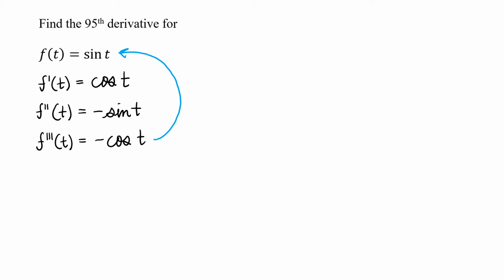So as we keep taking derivatives, we're going to find that we're looping. And it takes 4 different derivatives to complete a loop.